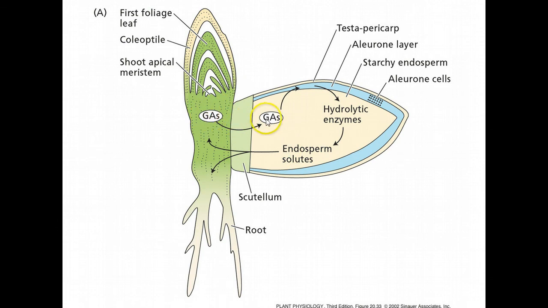Gibberellic acid diffuses from the seed into the aleurone layer, and in the aleurone we have a change in gene expression, which produces, among other things, alpha amylase, which breaks starch down to small molecules, glucose, or maybe 2 glucose units, which can then move into the embryo, and we know that glucose is used to produce energy.